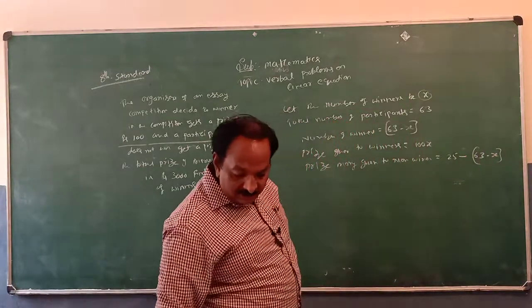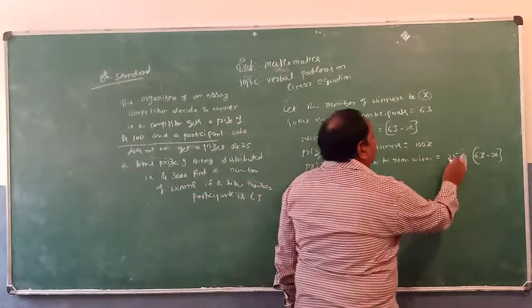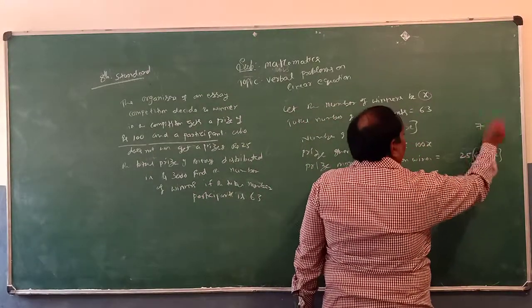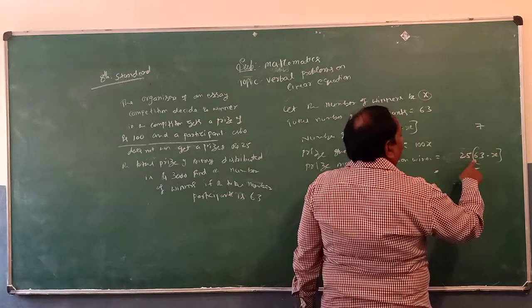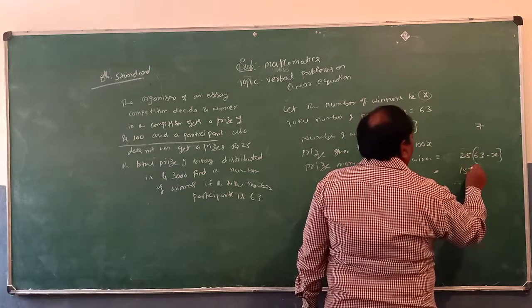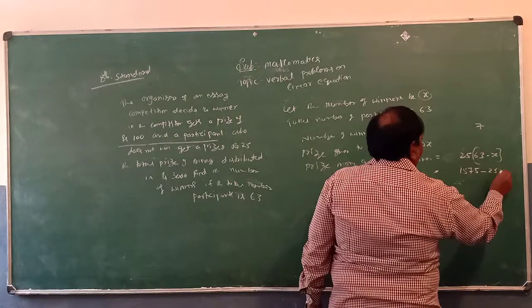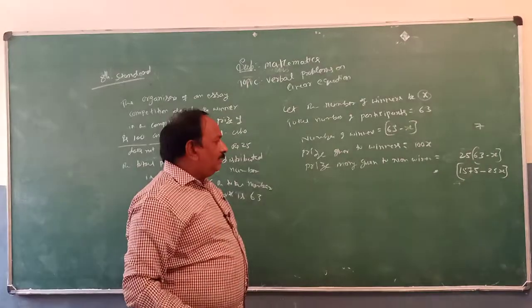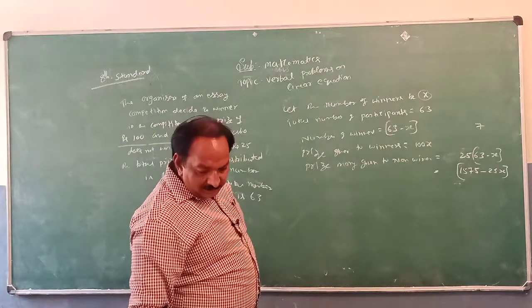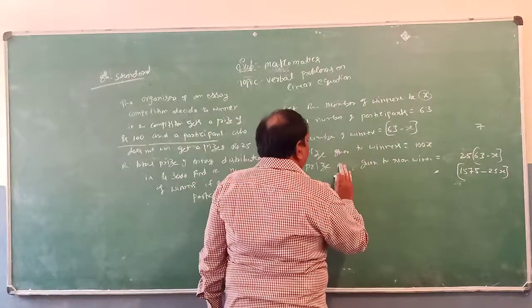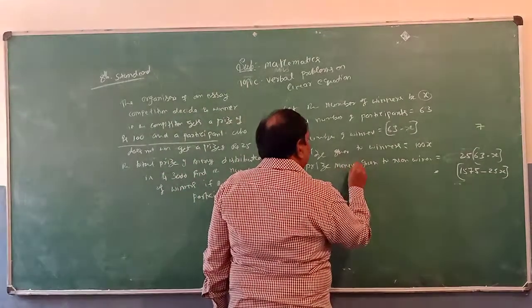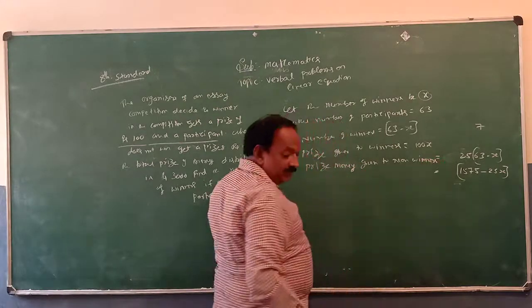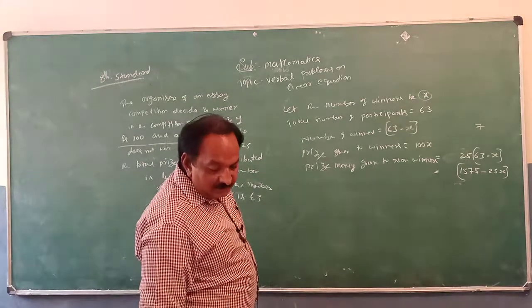So 25 into 63 minus x. 25 threes are 75, carry 7. 25 sixes are 150 plus 7, 157. So 1575 minus 25x. This is the prize money given to non-winners.